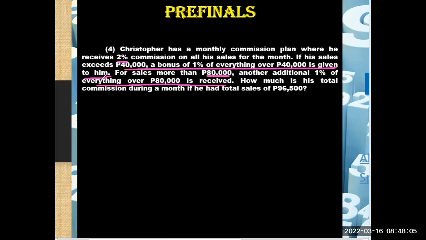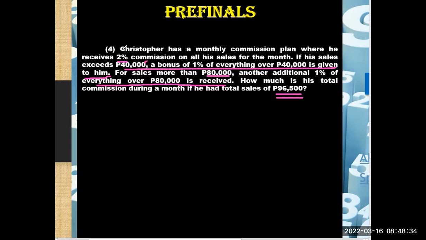How much is his total commission during a month if he had total sales ng 96,500? As you can see, nag-exceed siya. Since yung total sales niya ay 96,500, okay, nag-exceed siya ng 40,000.